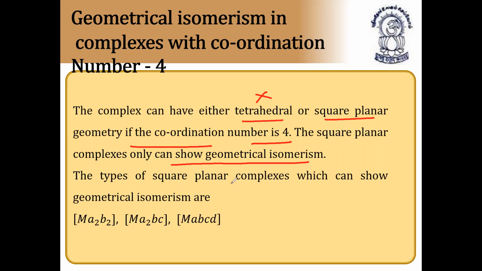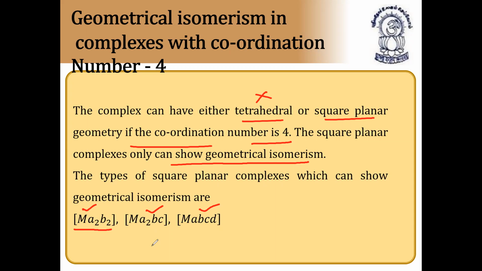The types of square planar complexes which can show geometric isomerism are of the form Ma2b2. Please note down these forms so that you can identify: Ma2bc, Mabcd. So this type of isomerism is exhibited by compounds which are square planar complexes of the type Ma2b2, Ma2bc, Mabcd.